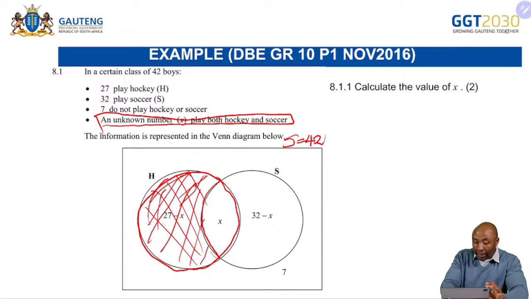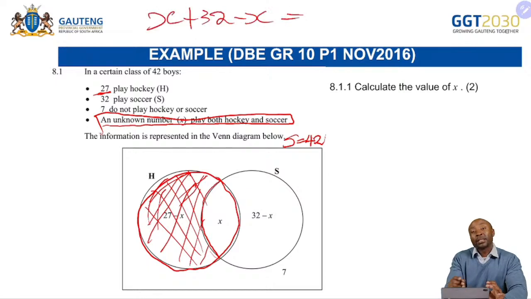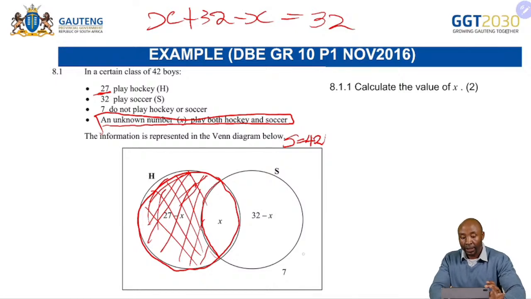And if I add 27 minus x plus that x, which also plays soccer, I will get that 27 that I have there. Also, if you look at soccer, if I add x plus 32 minus x, I must get the total number of soccer players, which in this case will be 32. So that Venn diagram is correct. But you see, we have 7 that do not play hockey or soccer. They are written inside the sample space, but outside the 2 events, which are H and S.